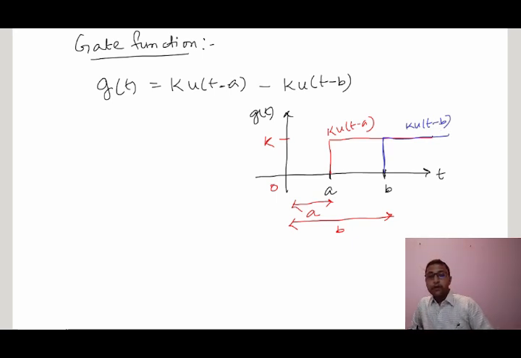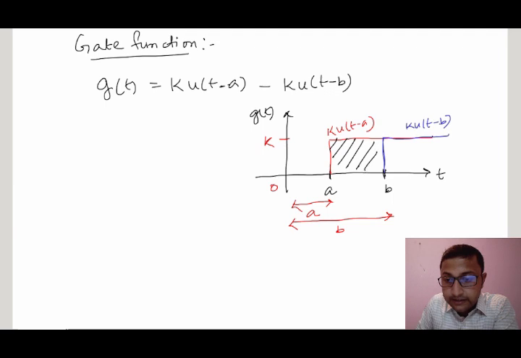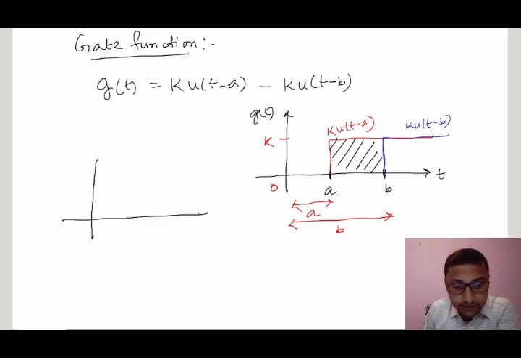Okay, so now we have to find the difference, k u(t minus a) minus k u(t minus b). That means this shaded region will be your gate function. That difference between k u(t minus a) minus k u(t minus b). So if I redraw the graph, the fresh graph will be like this.